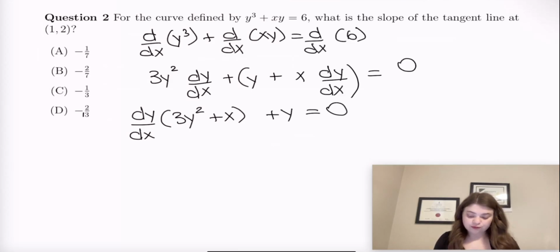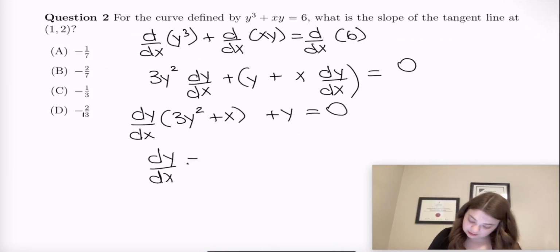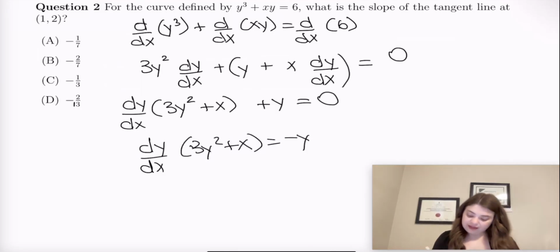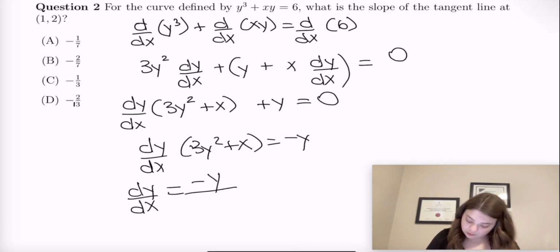Then I'm going to try to isolate here. So I'm going to subtract y from both sides, so we'll get dy over dx is equal to negative y. And then I'm going to divide by 3y squared plus x. So we'll get dy over dx equals negative y over 3y squared plus x.